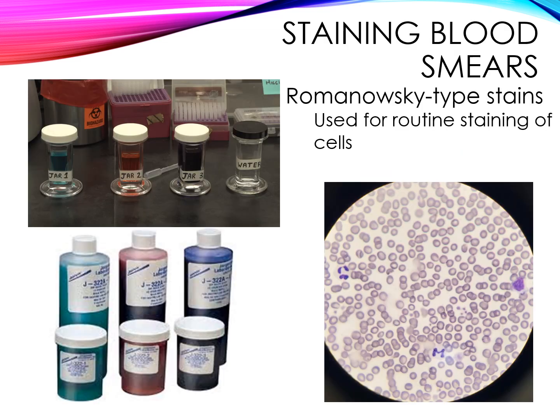Below, you see an example of the Diff-Quick stain. It is made up of three elements. The first one is a fixative reagent that sets the cells, and it's kind of a clear blue. And then the second one is the eosinophilic dye, which picks up the reds, like the red blood cells and the granules in the eosinophils.